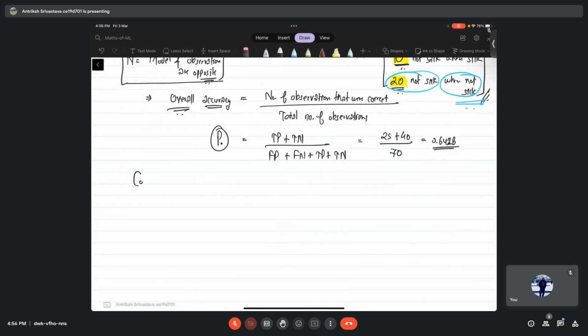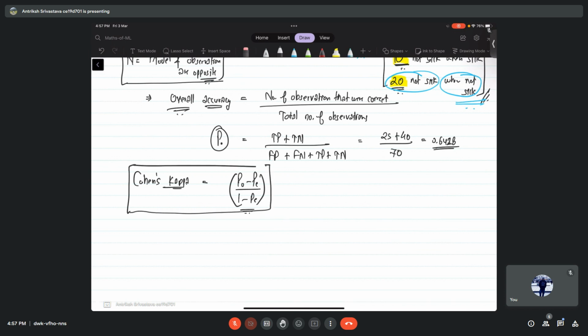So let's just write the formula for Cohen's kappa coefficient. It is P naught minus PE divided by 1 minus PE, where PE is the accuracy if the model was just based on chance.